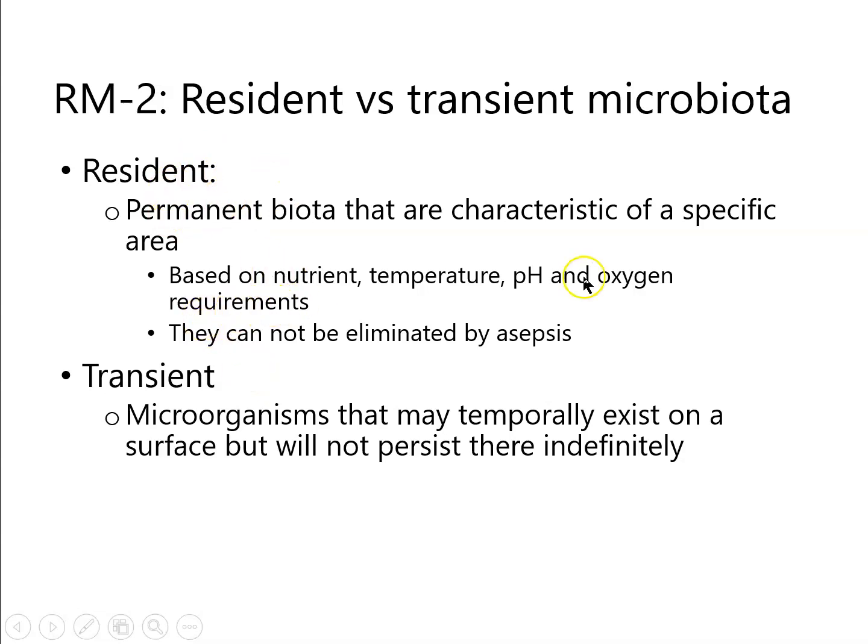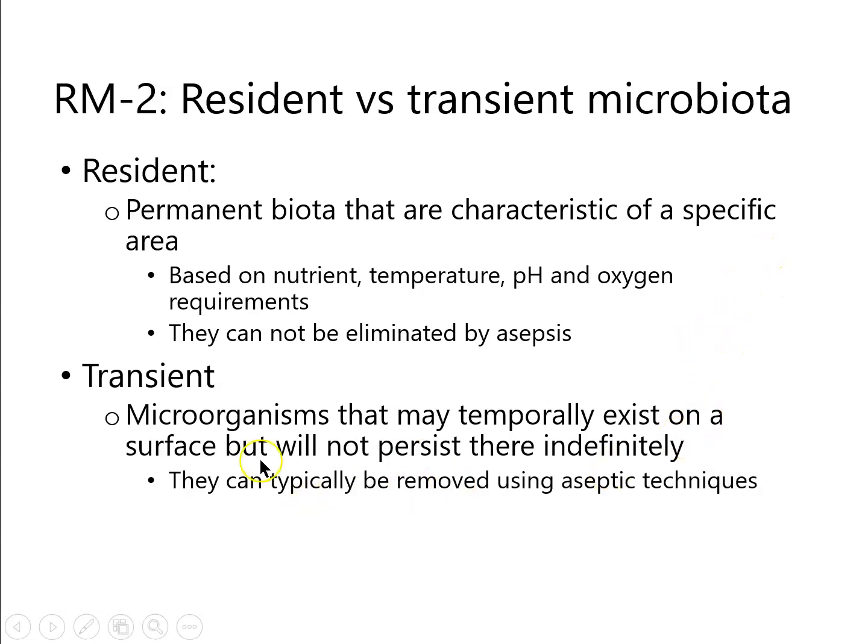Hand washing can't get rid of even a big fraction of the resident microbiota. They are tightly attached to receptor sites on our skin, and washing doesn't get rid of them. The transients, though, are not tightly attached to us.